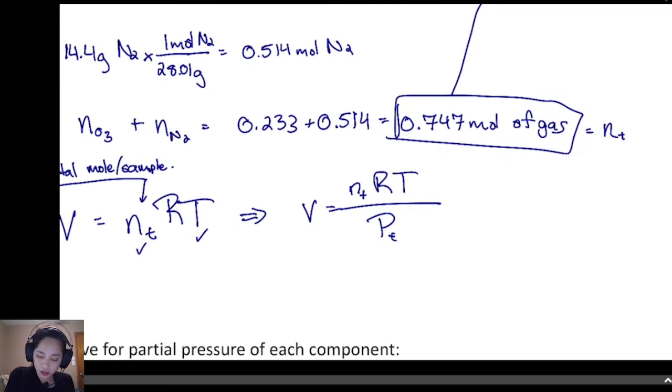All right, and so let's plug those things in. So it's 0.747 moles of total gas times R, which is 0.08206 liter atm over mole Kelvin. I'm just going to skip that part.